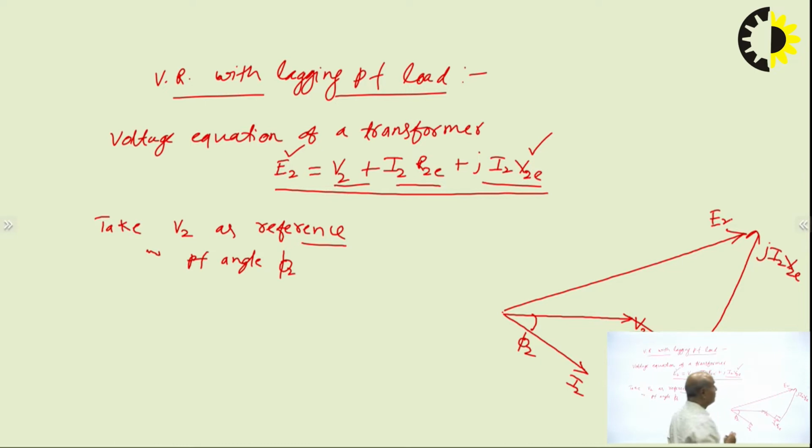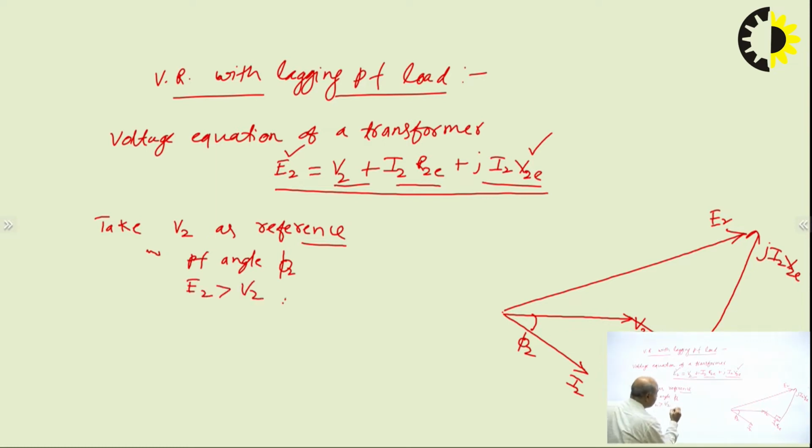This is our E2, the secondary terminal voltage on no load. So this was the secondary terminal voltage on load, and we have added the drops in the impedance of the transformer. We have got the secondary terminal voltage on no load. From the phasor diagram we can clearly see that our E2 is greater than V2.